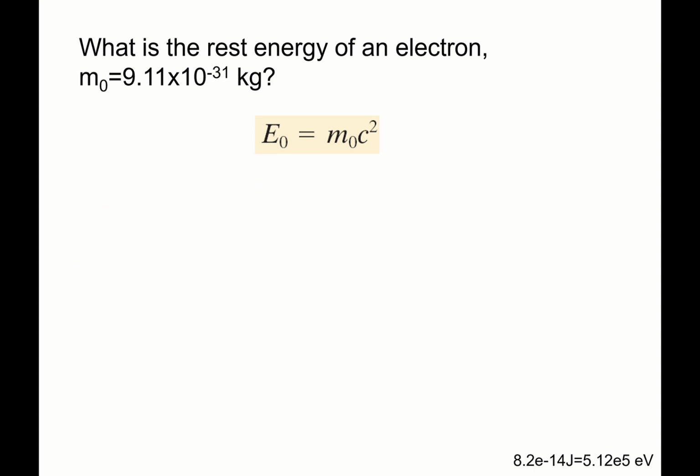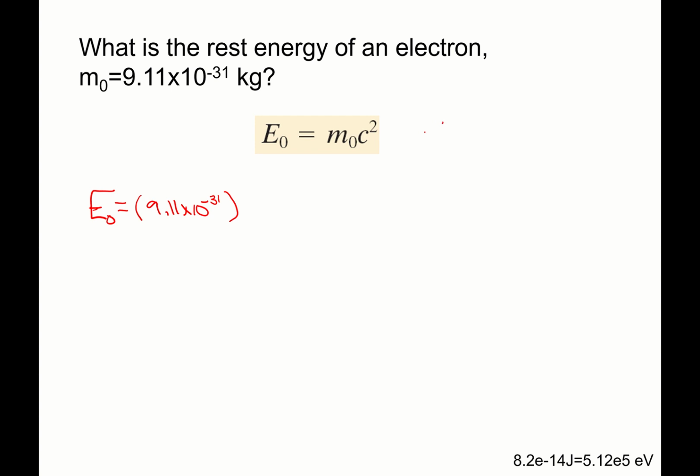So let's do a few calculations. So what's the rest energy of an electron, which has a rest mass of 9.11 times 10 to the minus 31 kilograms? So rest energy is m0, 9.11 times 10 to the minus 31, times c squared.